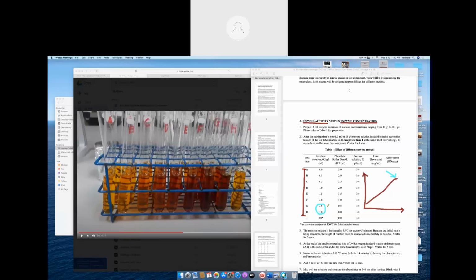So what will be the concentration of invertase for tube G and tube H? Someone? What will be the concentration for tube G and H? Put it in the chat room. Look at your table, your report. What will be the concentration?